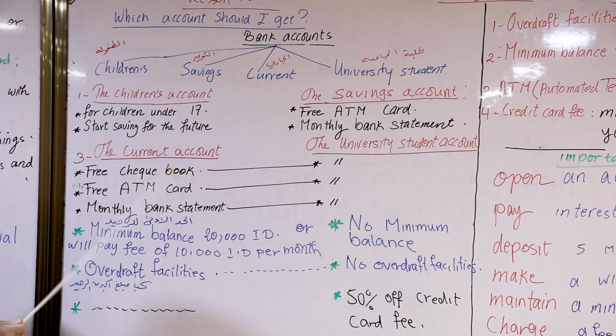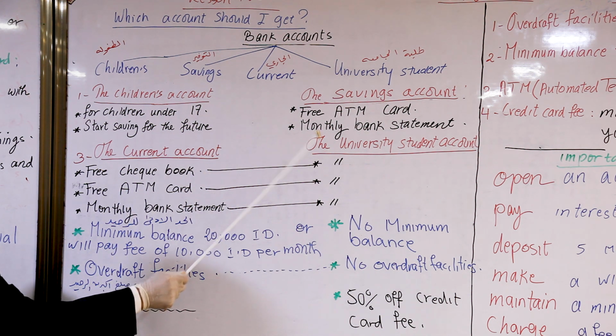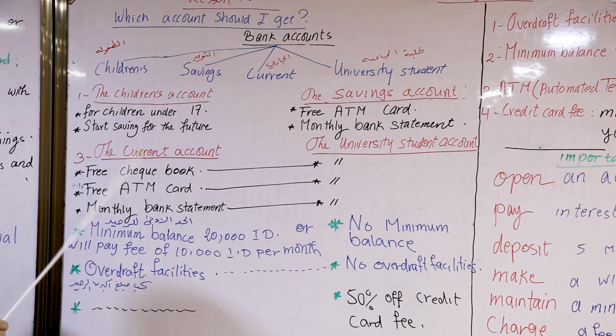What is the difference between the current account and the university student account? The difference is that in the current account, we have what is called the minimum balance. أي الحد الأدنى للرصيد، أي الحد الأدنى المسموح به. For example, we have minimum balance 20,000 ID.